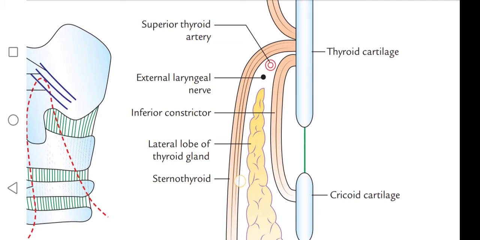Okay, this is the sternothyroid muscle. It limits the attachment of apex of thyroid gland to thyroid cartilage. Okay, I think it is clear.